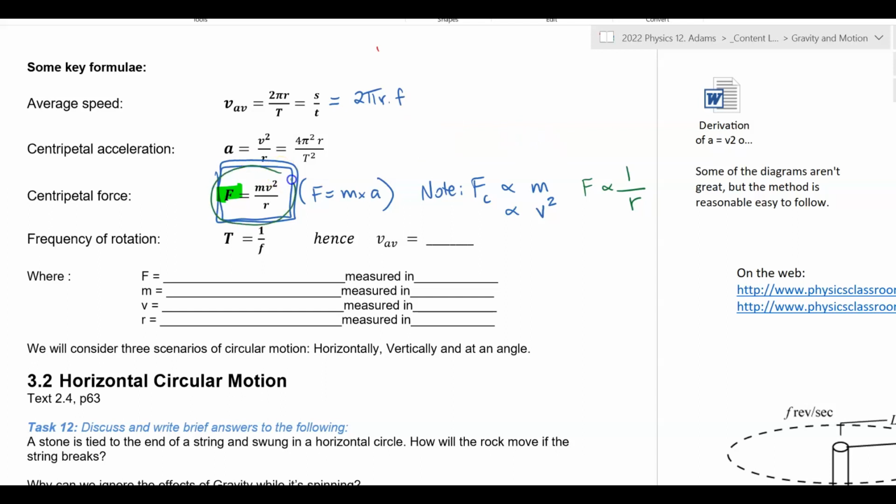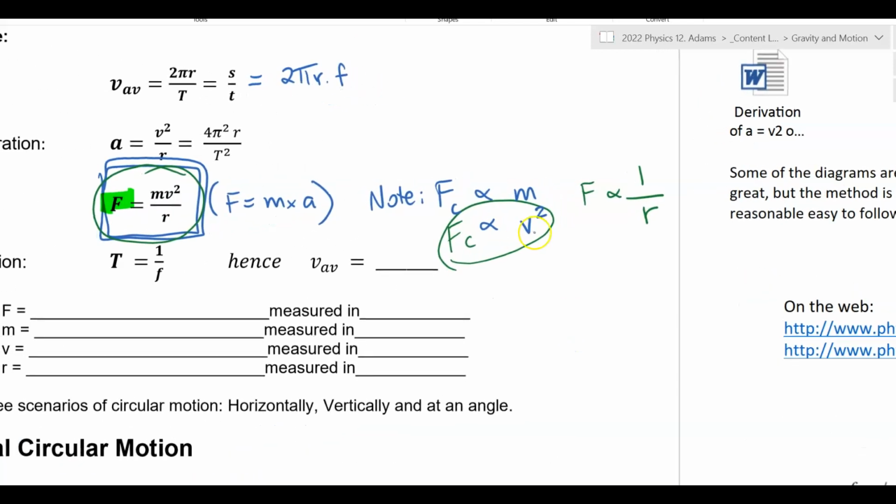Then if we pick apart that formula, don't forget, we look at the proportionalities. First of all, the centripetal force is proportional to the mass of the thing that you're trying to make go in a circle. So the bigger the thing, the more force you need. Kind of logical, makes sense. Similarly, your centripetal force is proportional to the square of your velocity.